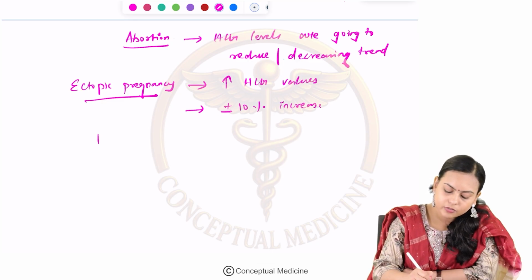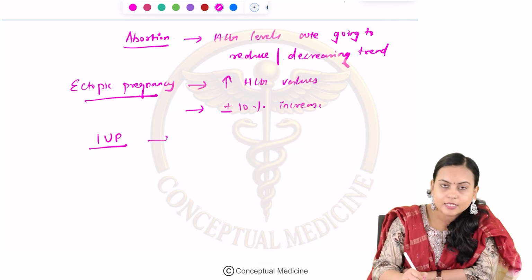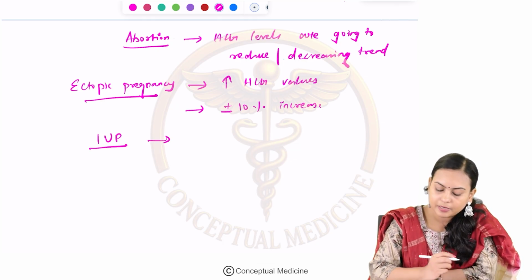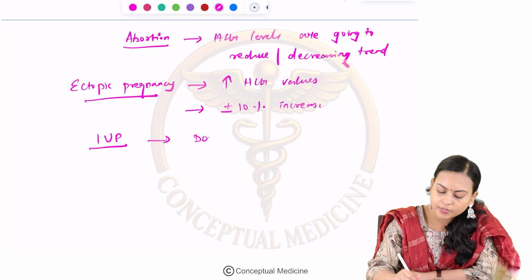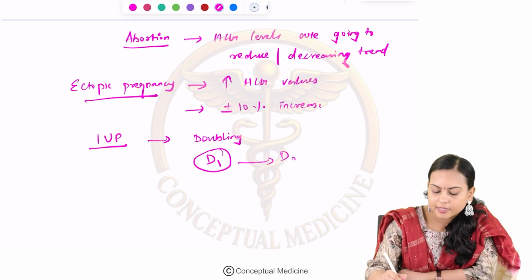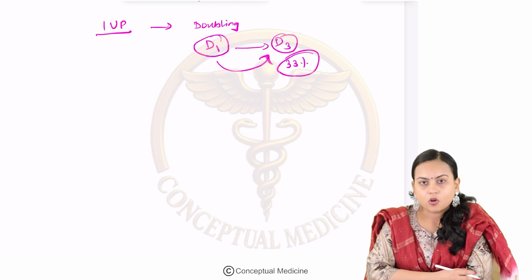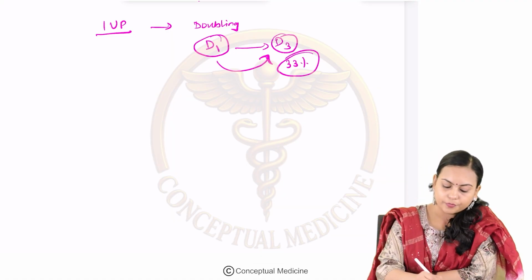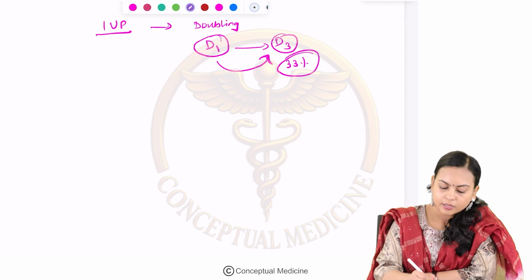But what about intrauterine pregnancy? When there is an intrauterine pregnancy, what is going to happen? This will show doubling. So, day 1 HCG done and day 3 HCG done. So, this is all about HCG hormone. Now, we will see human placental lactogen.